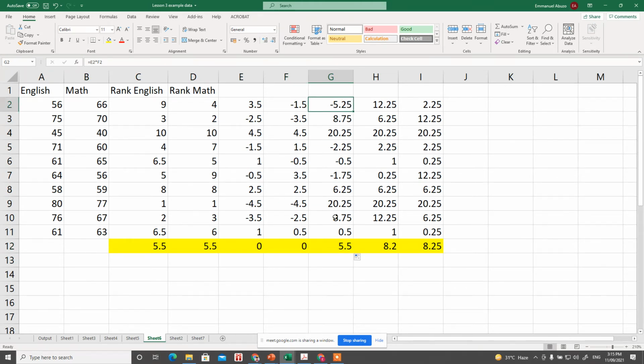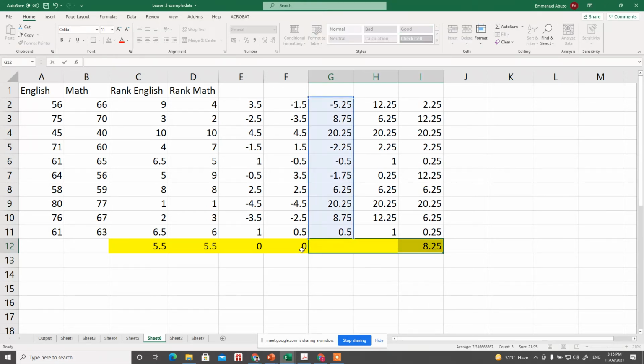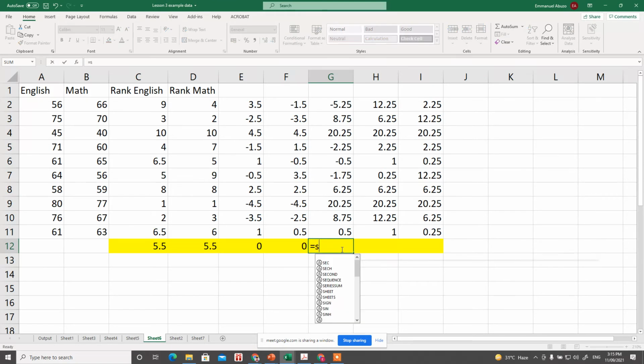This must be sum, not average. This one is sum also.